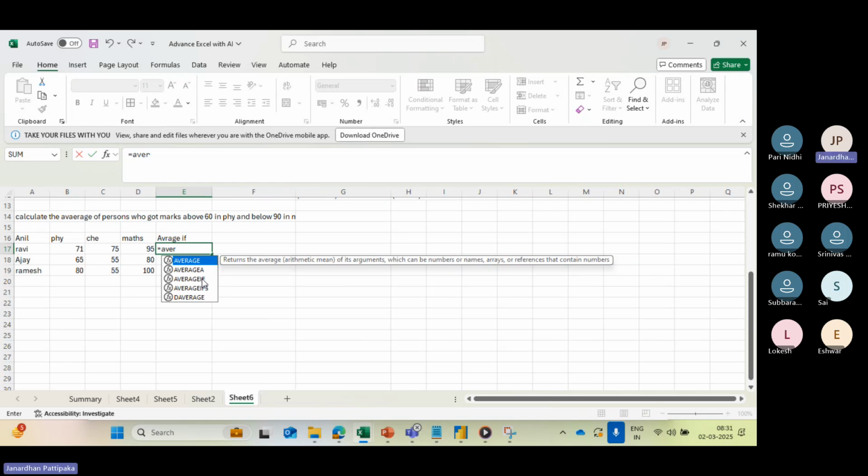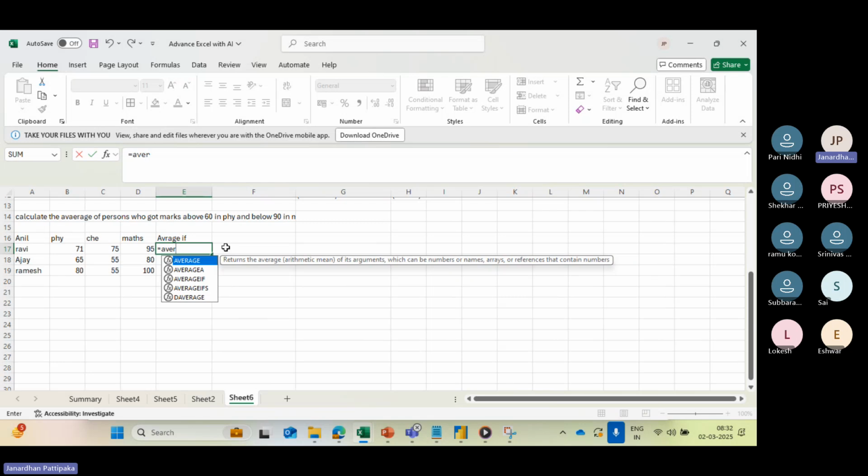Here I am mentioning two concepts. What are the two concepts? I want to take the average ifs. In taking the average ifs, I want to calculate the average of the persons who got the marks above 60 and who got the marks below 90.